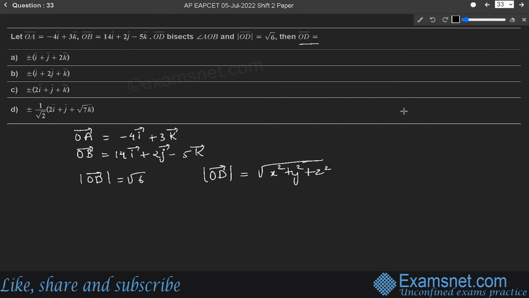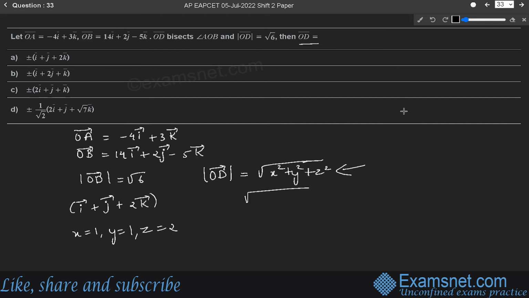So we just have to check the options to see which will satisfy this given expression, under root of x square plus y square plus z square. Let us check the first option. The first option here is I vector plus j vector plus 2k vector. Here x is equal to 1, y is equal to 1 and z is equal to 2.